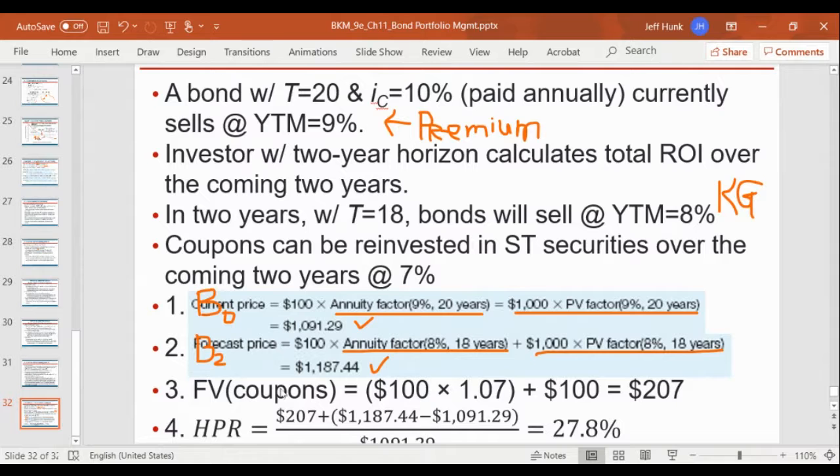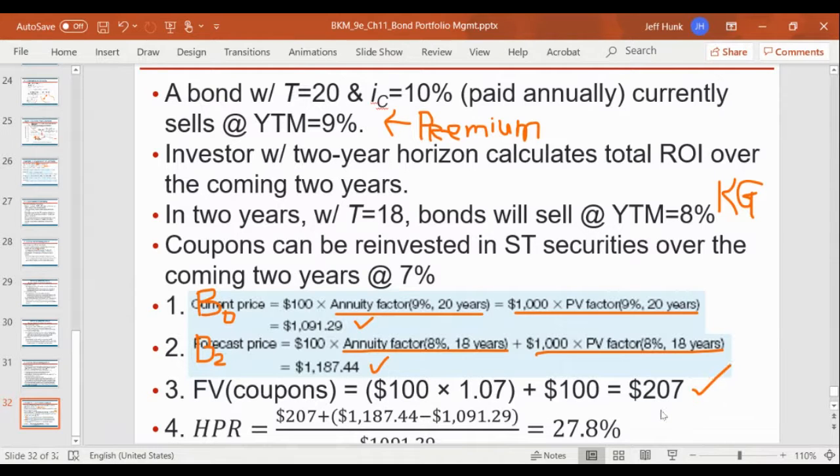So basically, what about the coupons? Coupons can earn 7%, right? For the coupons, the first year's coupon will earn interest at 7%, but the second year's coupon won't earn any interest, because it will be paid at the end of the second year.